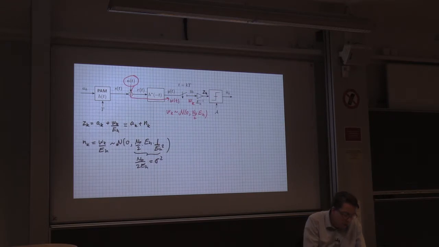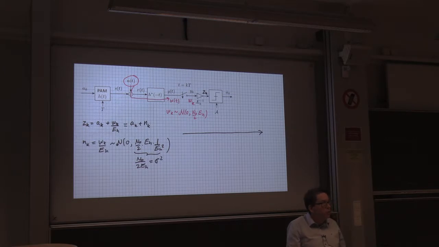Okay. So let's start first by drawing up the constellation. So along this axis is the input to the slicer. And so let's look at one particular symbol here. It really doesn't matter which symbol we choose.